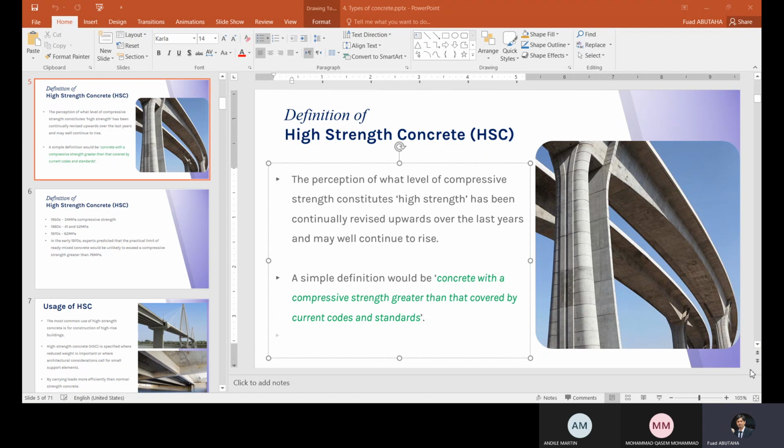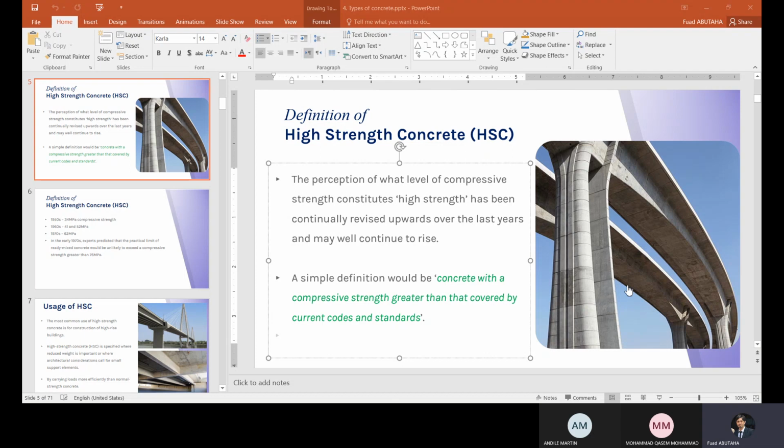This chemical admixture, we call it superplasticizer or water reducing admixture. It is used in the concrete to improve the workability without changing the water content. So we can keep the low water content.